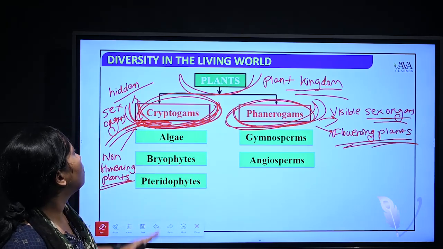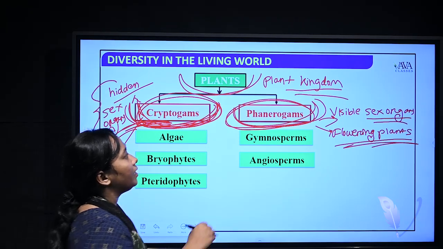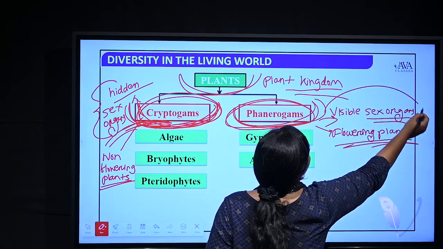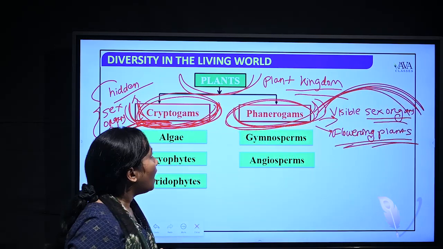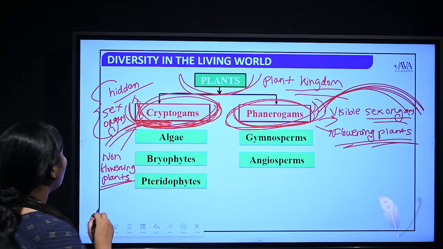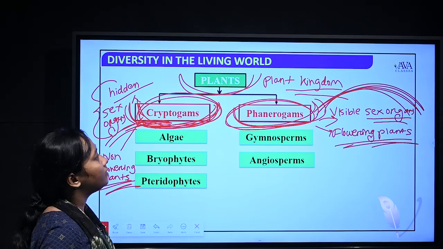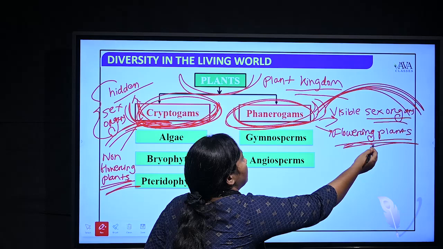So in cryptogams we can see hidden sex organs, but in phanerogams visible sex organs are present. That's why it is called phanerogams. And these cryptogams are otherwise considered the non-flowering plants, and the phanerogams are otherwise called the flowering plants.